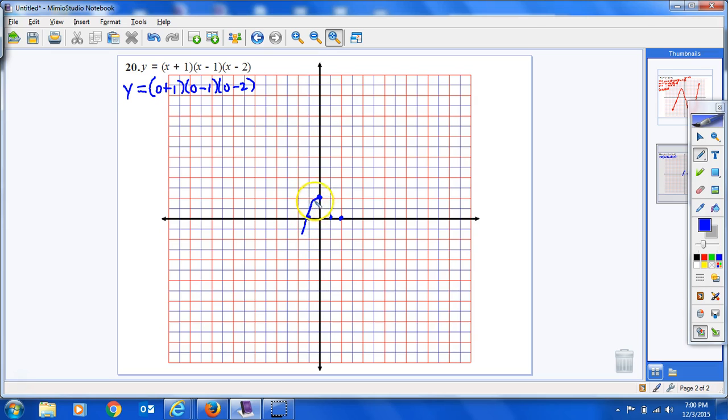I know I've got to come up to this point as a relative maximum. Now what I don't know is what is my relative minimum. Once I cross through this x-intercept, I'm going to go down to a certain point, but I've got to come back up to get through this x-intercept. The question is, how far down do I go?